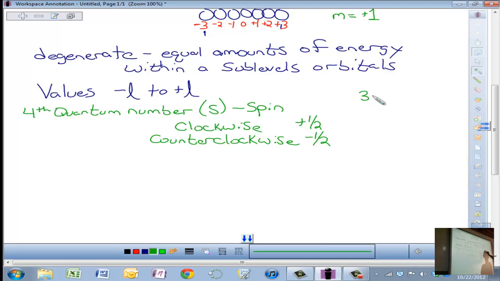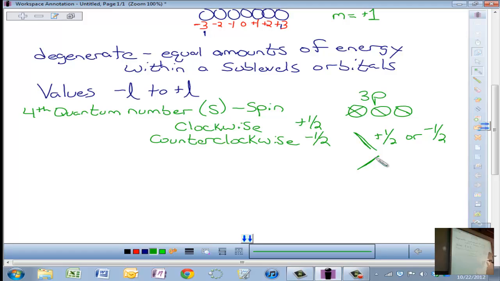Okay? So if I'm talking about a 3p, and I go ahead and I put a line in here, okay? And again, if I'm talking about these lines, I can have lines there, there, but again, I'm going to make an X in there. So you need to decide, is that line going to be a positive 1/2 or a negative 1/2?